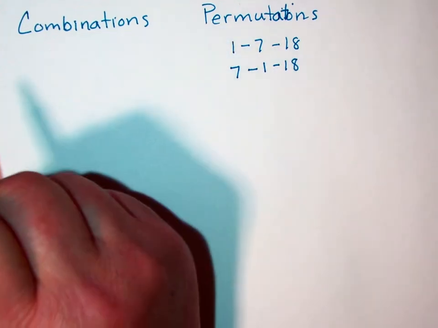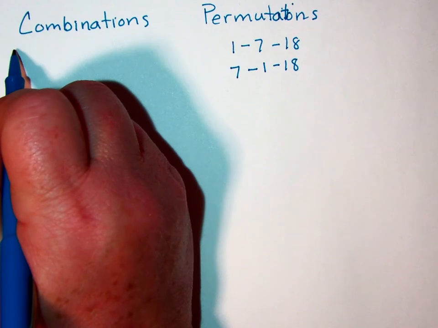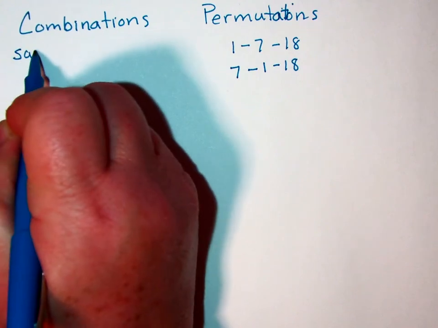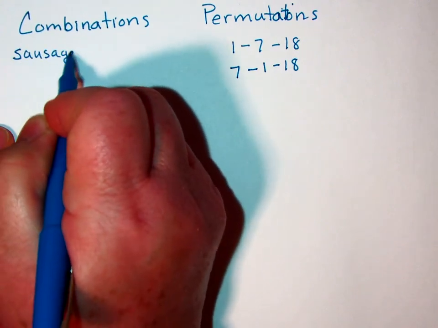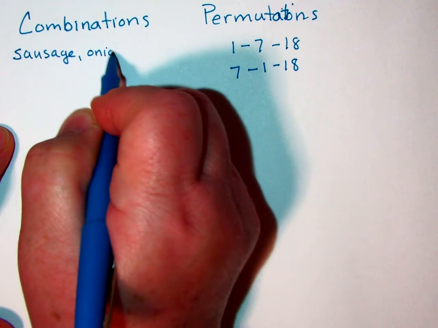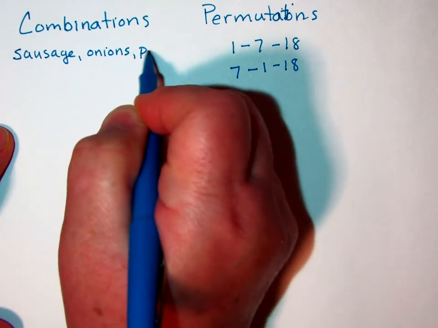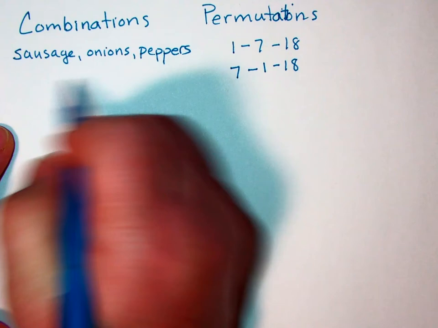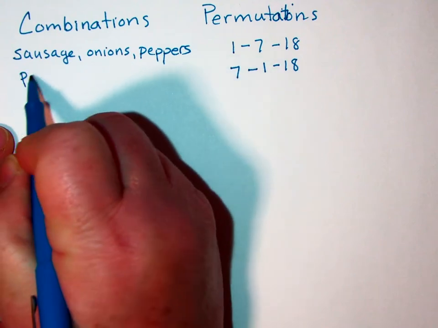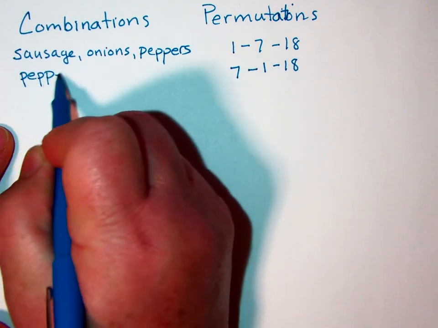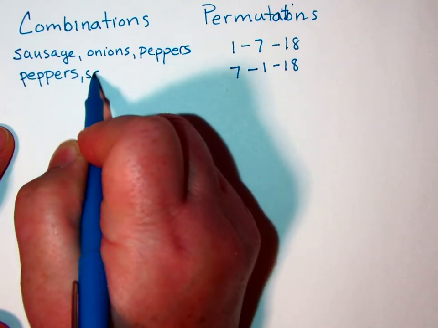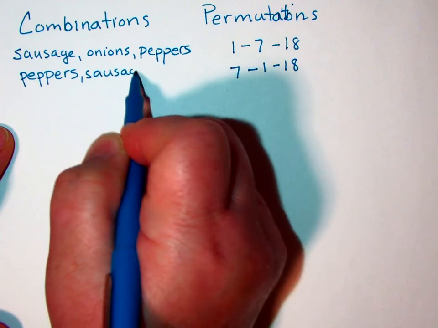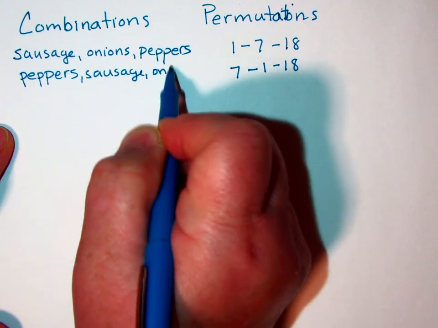In combinations, it doesn't. If you said a pizza with sausage, onions, and peppers, it's going to be the same as the combination of peppers, sausage, and onions.